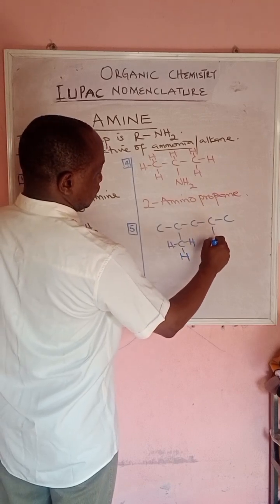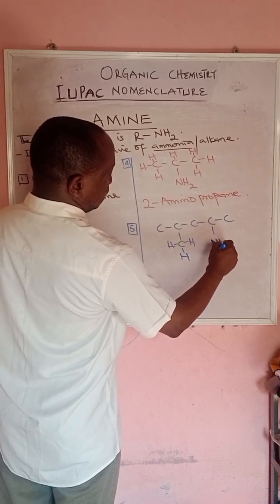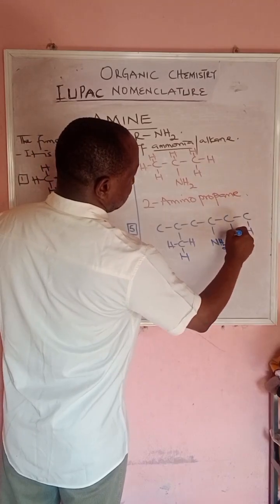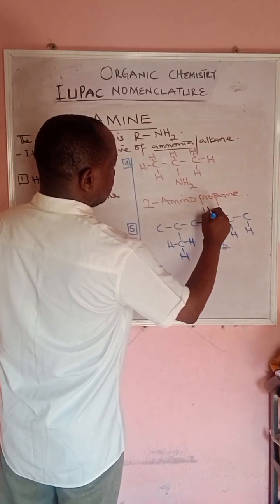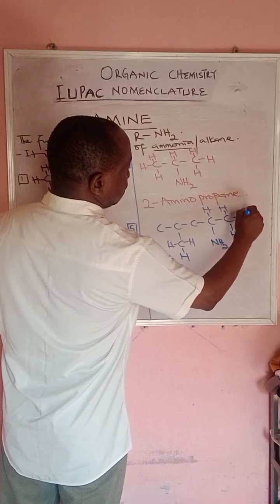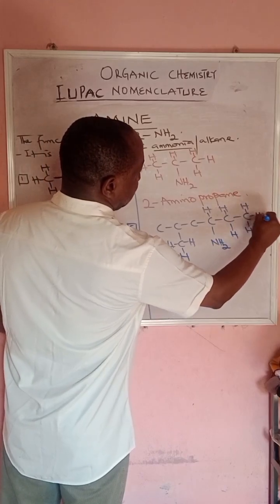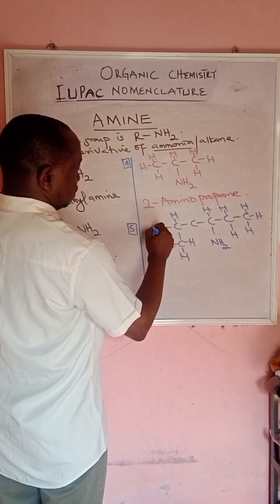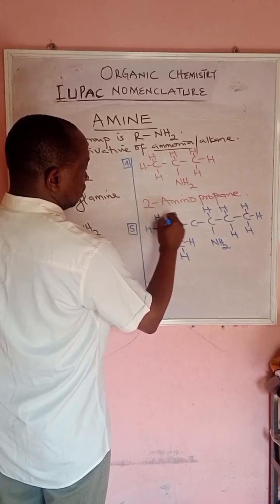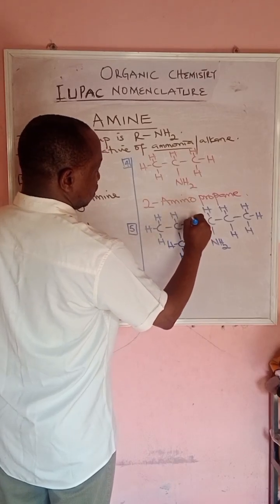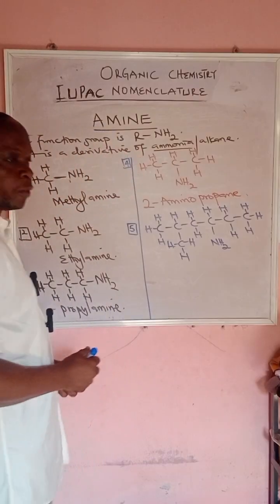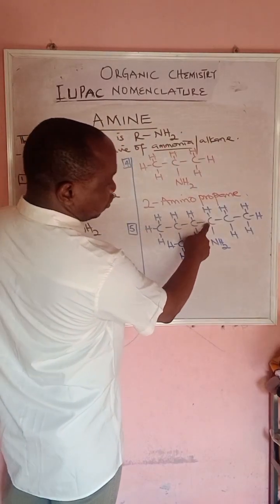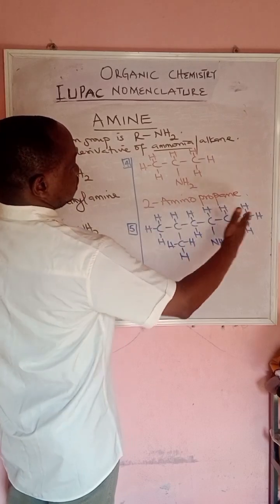You have hydrogen here, hydrogen here, and so on. So when you count it from here, 1, 2, 3, 4. When you count it from right to left, 1, 2, 3. The amino is attached to carbon 3.